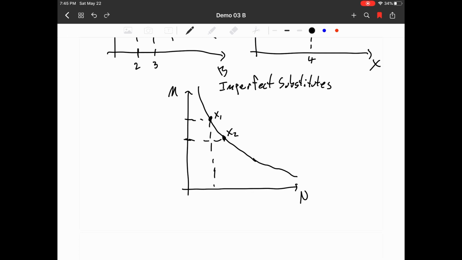I'm giving up some m, and I'm gaining some n. So I'm trading off some m for n. And this trade-off relationship changes as we move along the indifference curve. It's not linear, so there's not a one-to-one, or there's not a marginal rate of substitution that's constant.